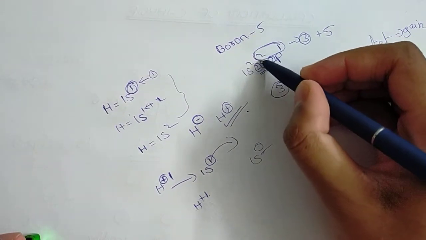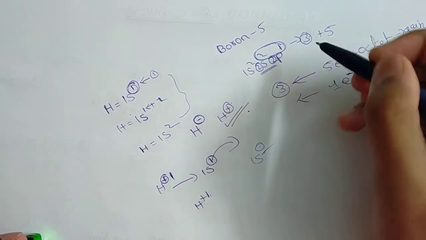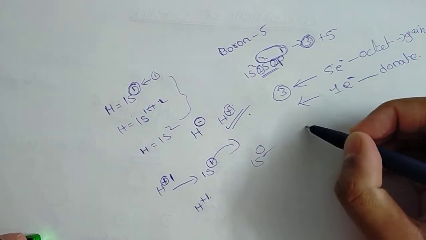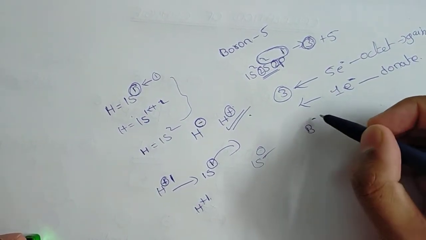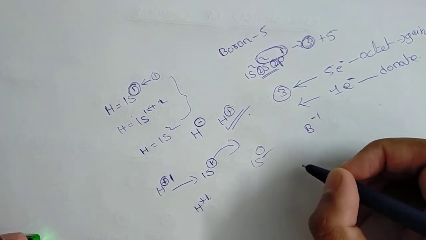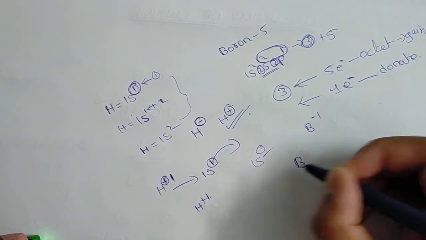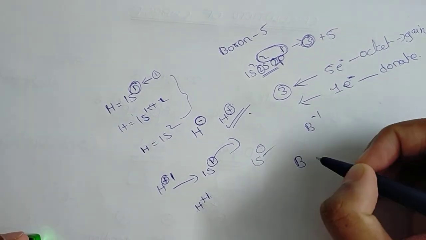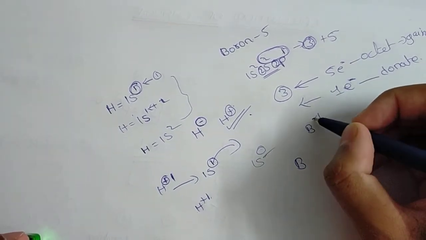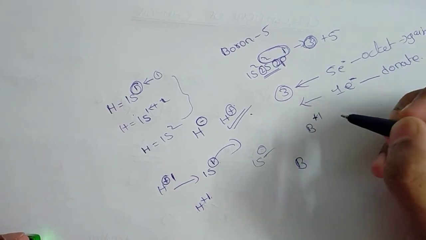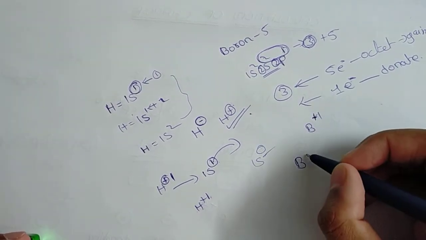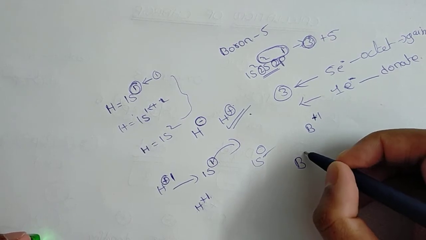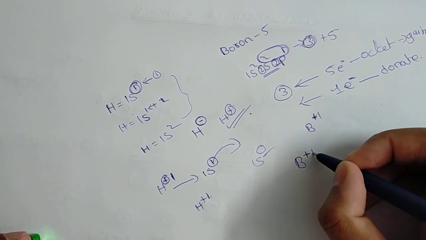Now, the configuration is 2 and 1, 3 electrons. If it donates one electron, the charge will become +1. How? I'll show you. Symbol of boron is B. It is likely donating 1 electron. Donating means, sorry guys, I have said we have to use the symbol plus 1.